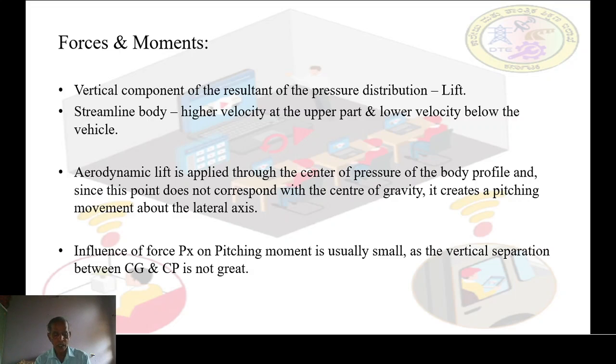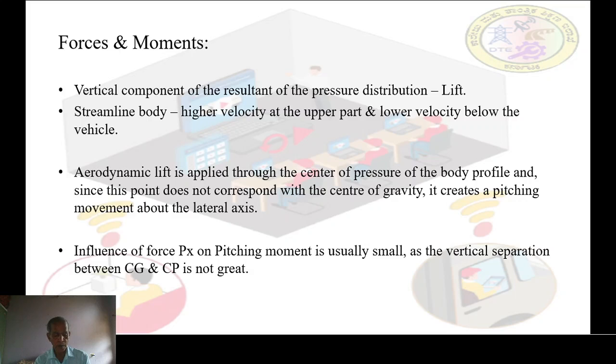Aerodynamic lift is applied through the center of pressure of the body profile, and since this point does not coincide with the center of gravity, it creates a pitching movement about the lateral axis. It is clearly shown in the figure: the center of gravity is not coinciding with the pressure center.